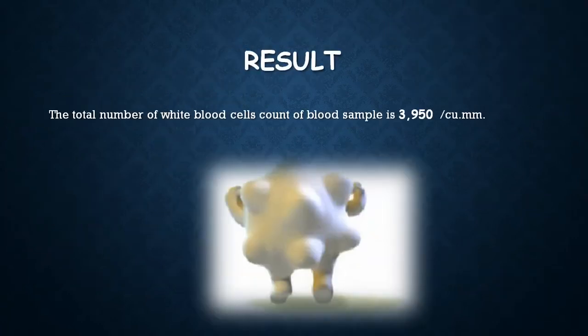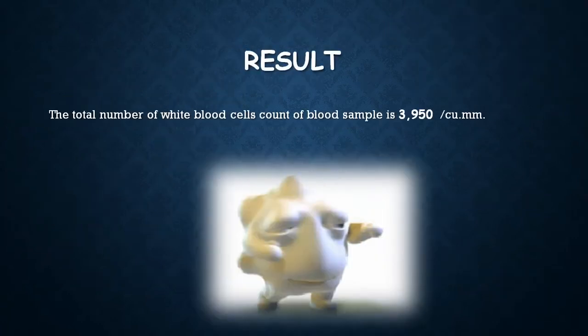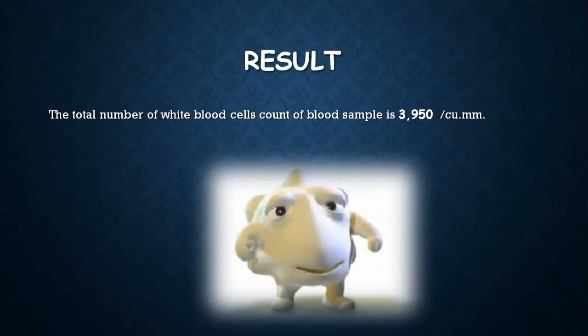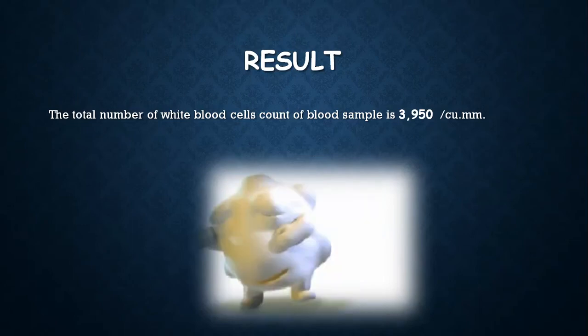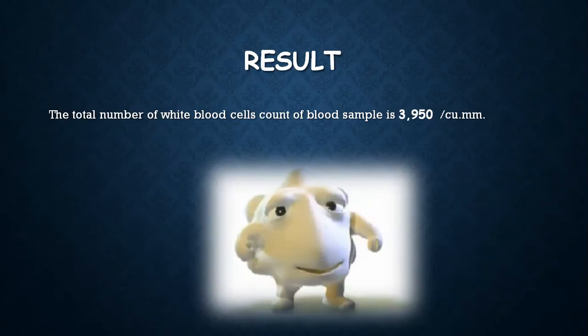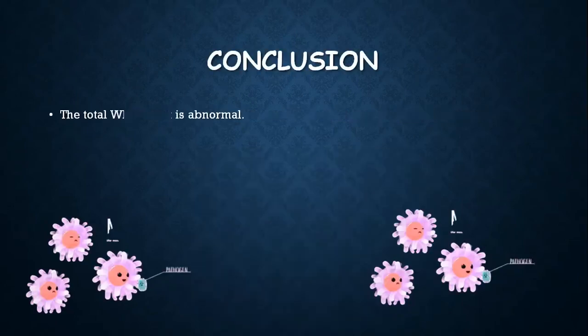Result: the total number of white blood cell count of the blood sample is 3950 per cubic millimeter. Conclusion: the total WBC count is abnormal.